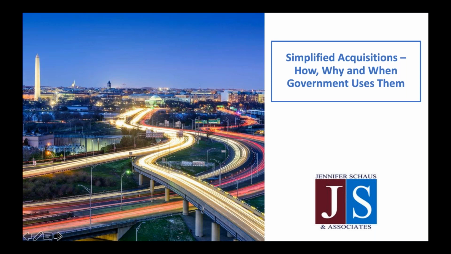All right, thank you, everyone, for joining this afternoon. Our topic this afternoon is simplified acquisitions, how, why, and when government uses them. Mallory, if you could advance the slide.